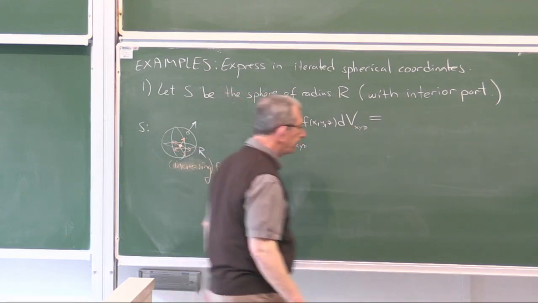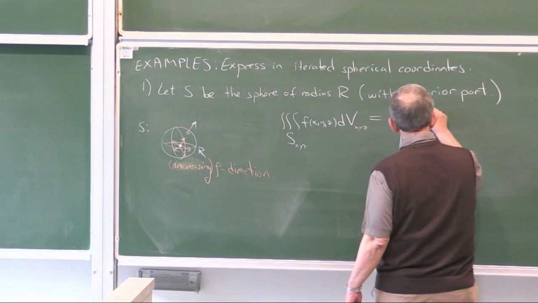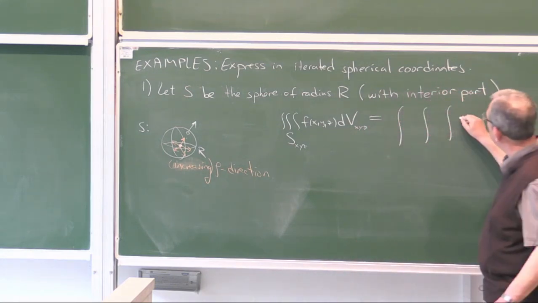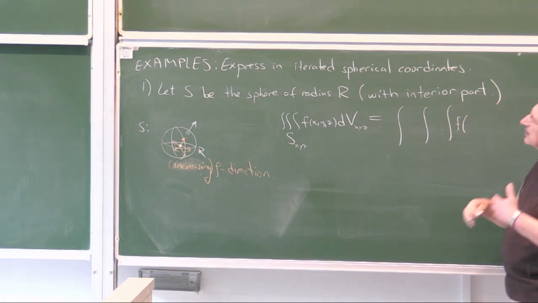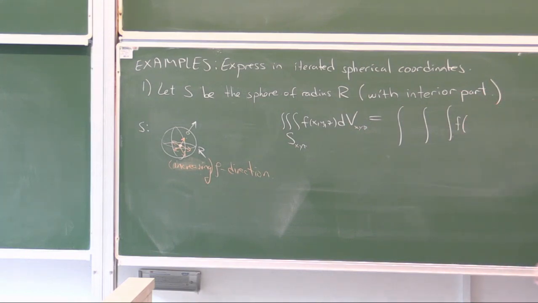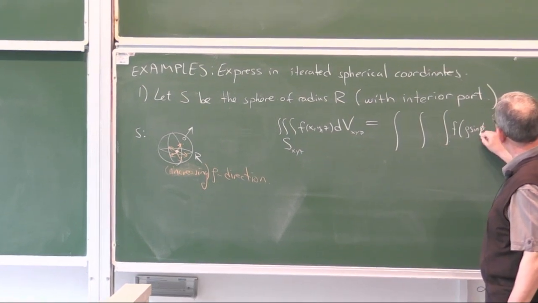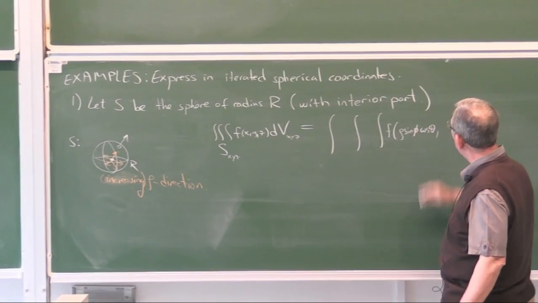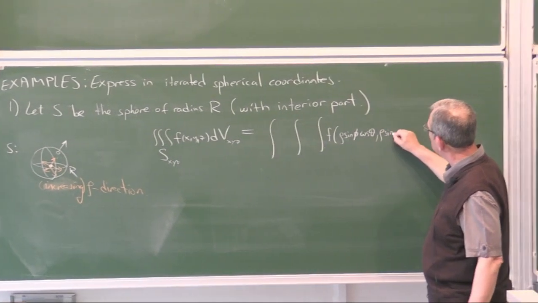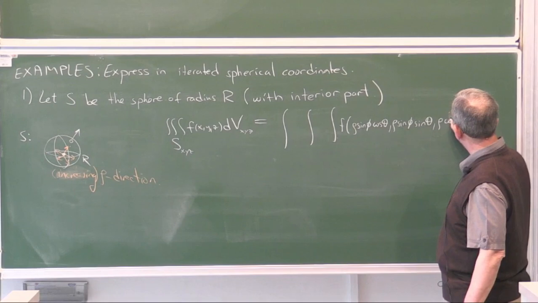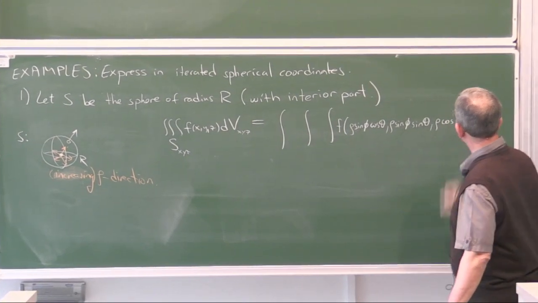Now, if we write this in spherical system, clearly everything must be expressed in terms of spherical coordinates, which means that x becomes rho sine phi cosine theta, y becomes rho sine phi sine theta, and z becomes rho cosine phi.